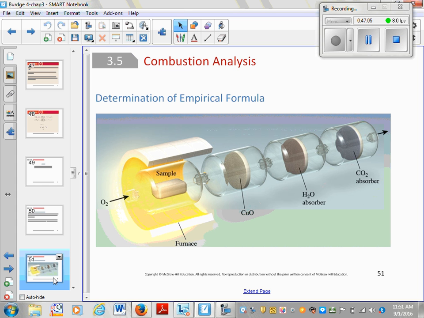Similarly, the carbon in the CO2 came from the carbon in the sample. Now, where did the oxygen come from? Well, there could be oxygen in the sample, but we're also sweeping oxygen through. We're adding oxygen to sweep the sample through. So we're not quite sure where the oxygen came from. But there's a way to determine where it came from.